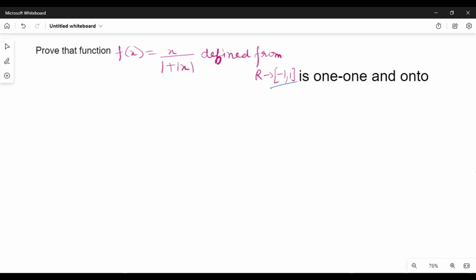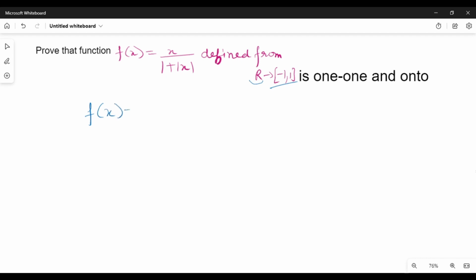Now firstly, you have mod in this function, so the function will behave differently, as the function is defined for x belonging to the set of reals. The function behaves differently when x is less than 0 and differently when x is greater than or equal to 0. So first we will redefine the function.